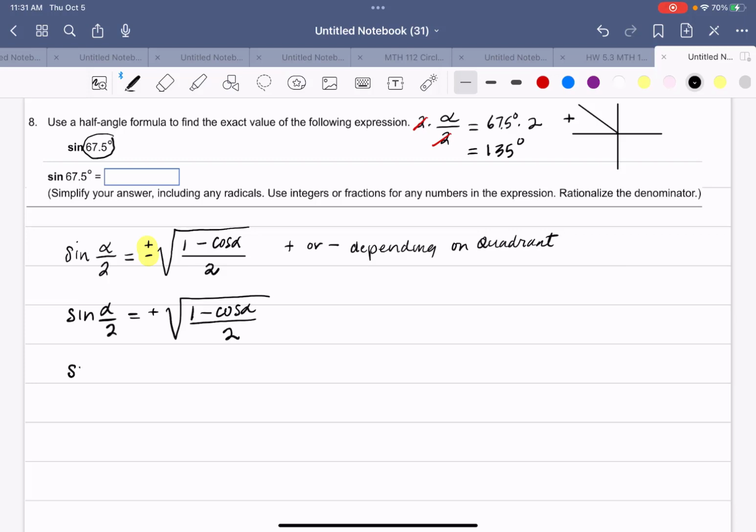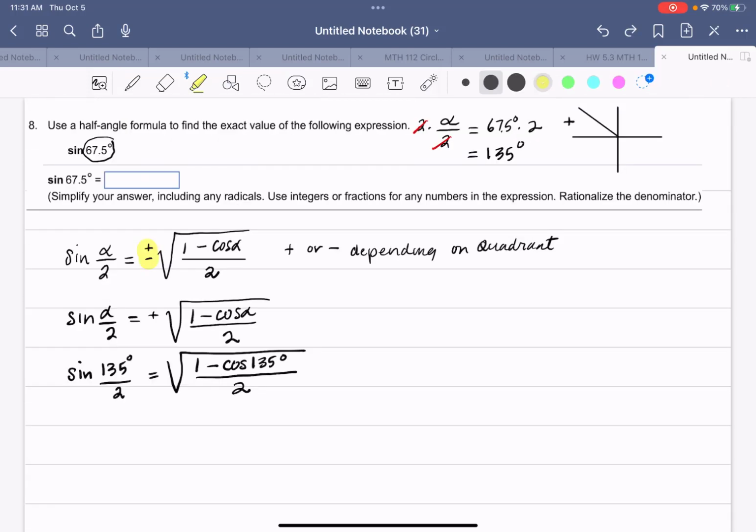So our alpha was 135, so sine of 135 over 2 is going to be the square root of 1 minus the cosine of 135 degrees, and all of that is over 2.